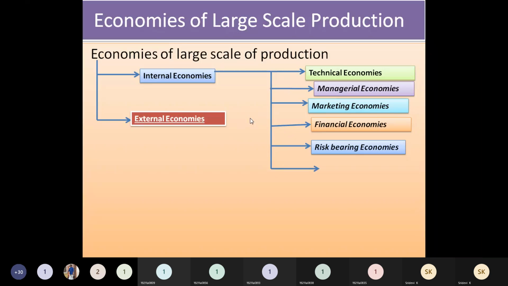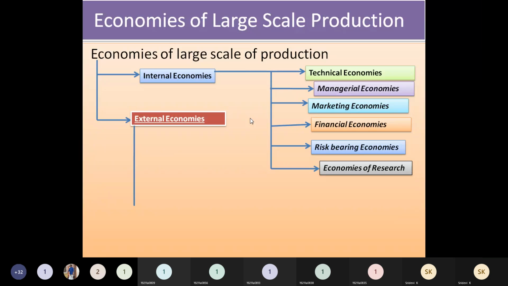Risk-bearing means whenever any uncertainty is faced, or whenever there is a change in preferences, then the risk will be borne by the company. To bear that also, certain economies will be there due to large scale production. And economies of research.